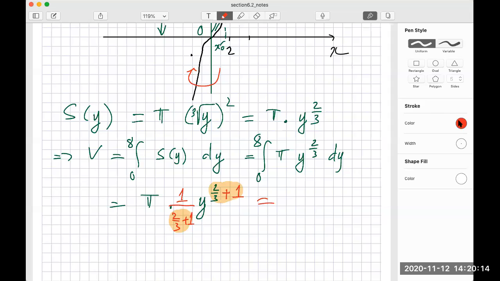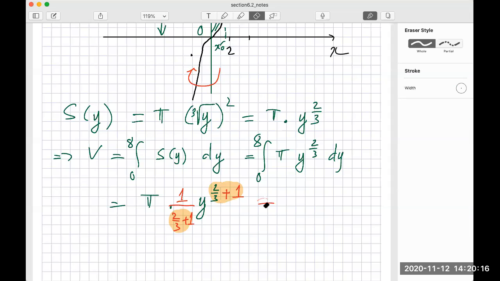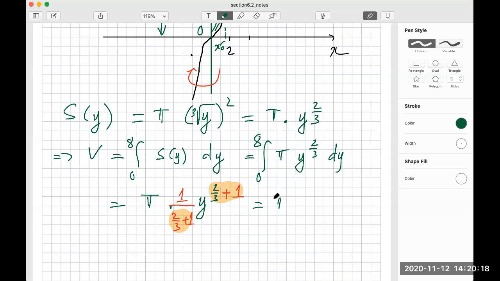So if we do this, it would be pi times 1 divided by 5/3, and this is y to the 5/3, from 0 to 8, right?